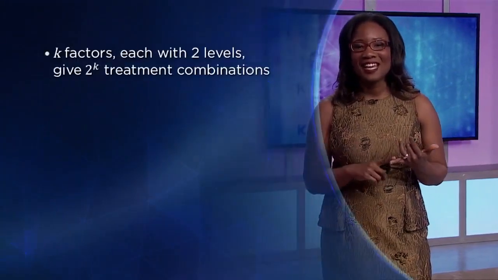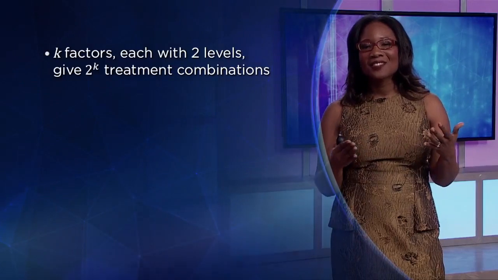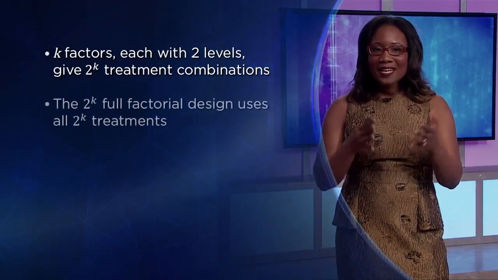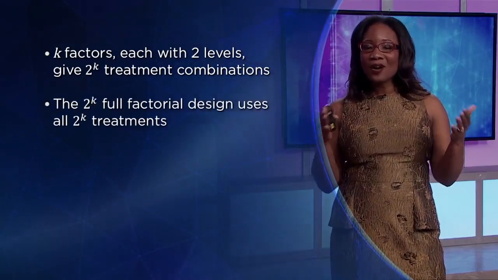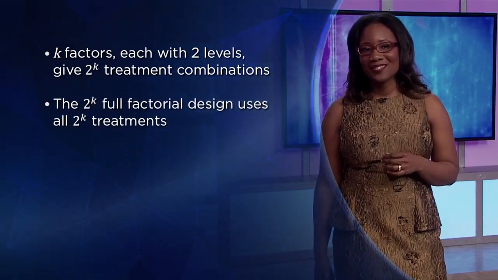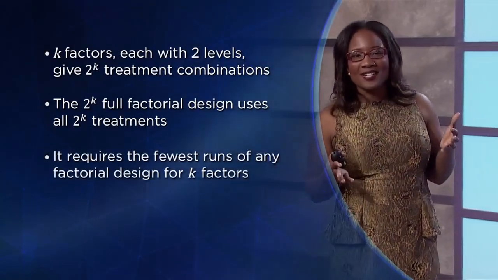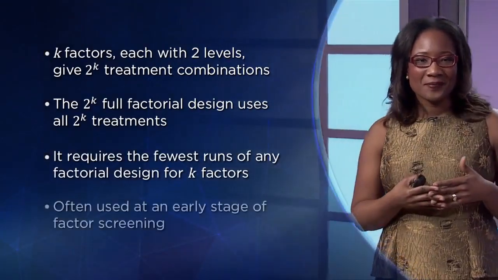Here we've got K factors, each with 2 levels, and that gives us 2 to the K treatment combinations. Now, the full 2 to the K factorial design uses all of those 2 to the K treatments. And actually, it requires the fewest runs of any factorial design for K factors.